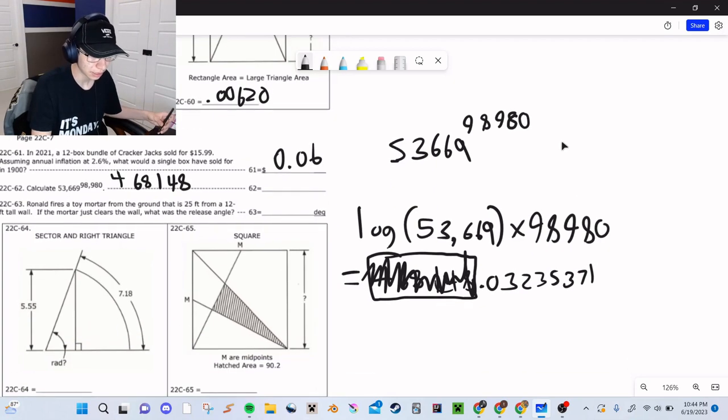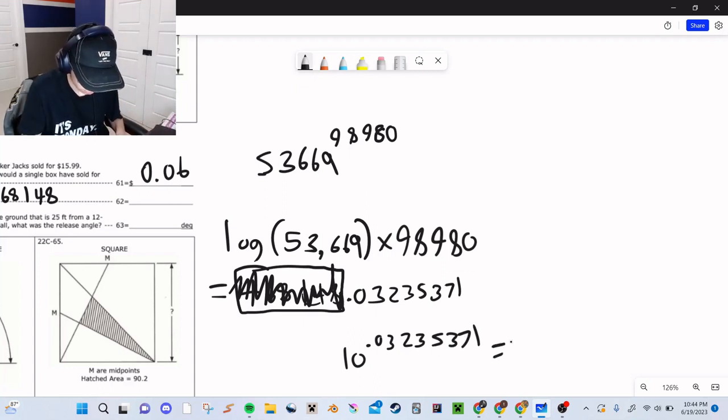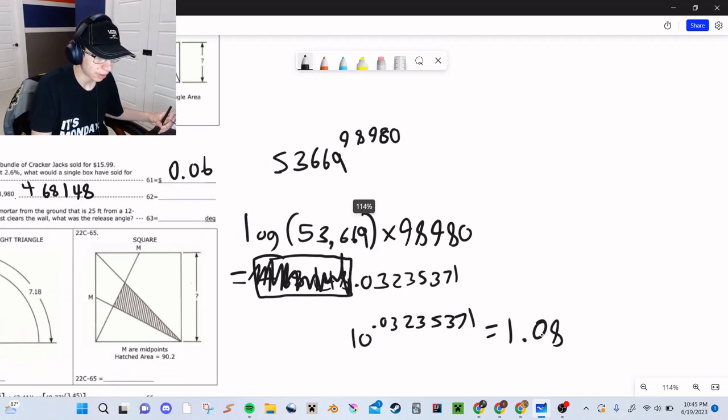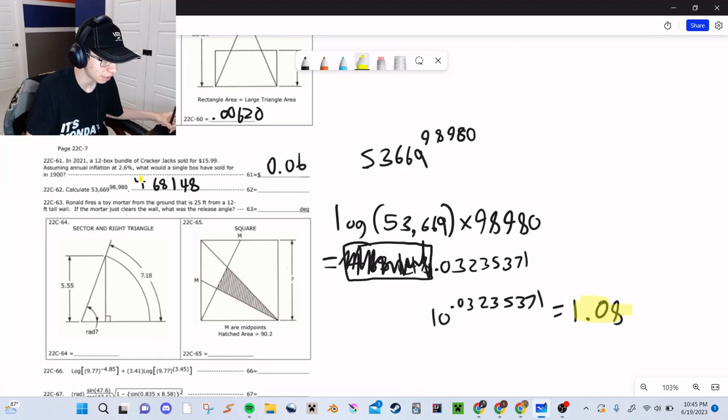You're going to take this decimal part and do 10 raised to this decimal part. So that's going to be about 1.08. And so our answer, we're going to combine two parts here: this part and the number we wrote down. The answer is going to be 1.08 times 10 to the 468,148th power.